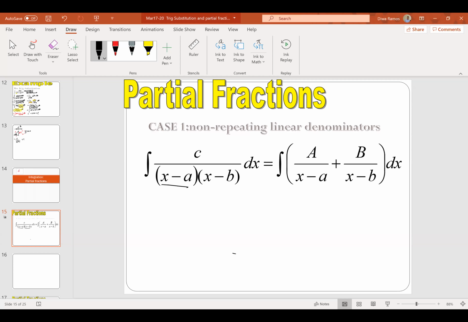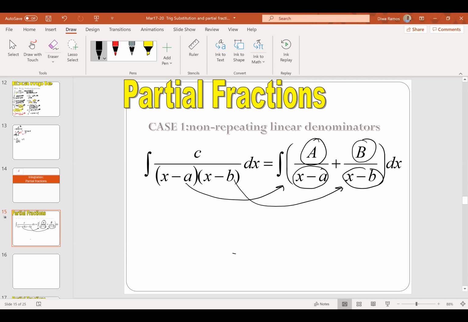The logic of this is essentially we can split this up into two separate fractions of individual denominators pertaining to the actual factors. And we'll have a unique constant numerator for this and a unique constant numerator for that as well. And that's what we're hoping to get out of this situation.